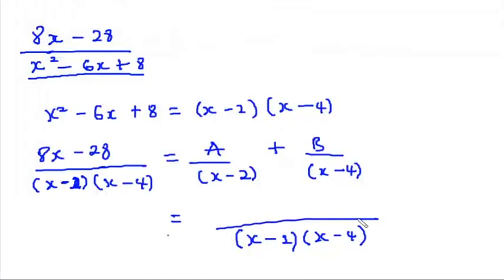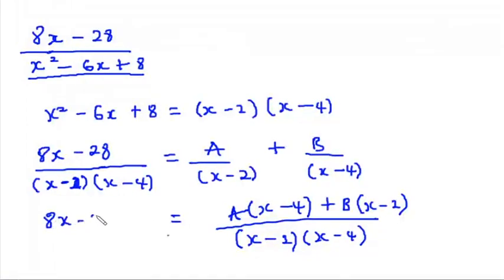Then you'd have a open bracket x minus 4 plus b open bracket x minus 2, over that, equal to 8x minus 28 over (x minus 2)(x minus 4).